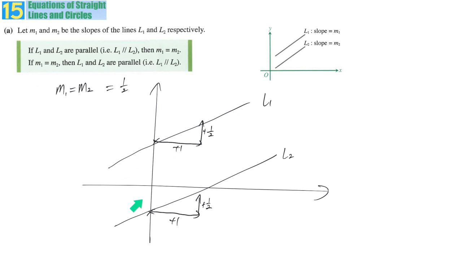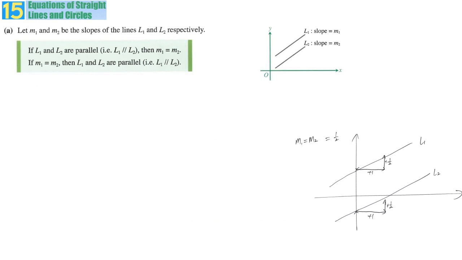If they have the same slope, they have the same steepness, which means they are parallel because their directions are exactly the same. So the first one is straightforward. If M1 equals M2, then we can conclude that L1 is parallel to L2.